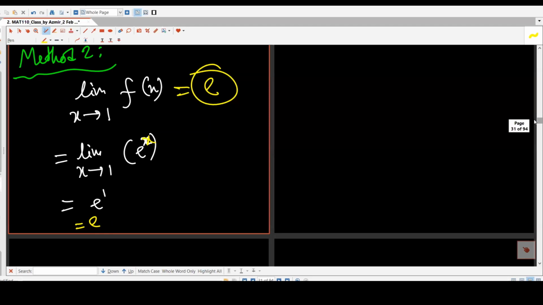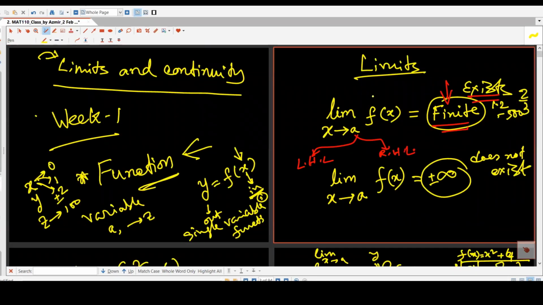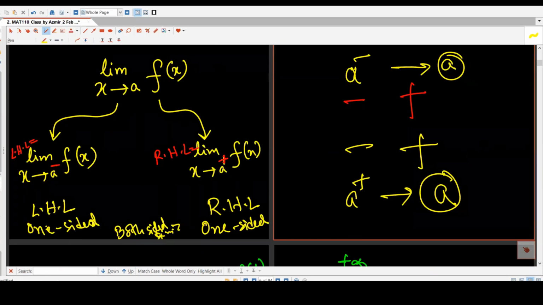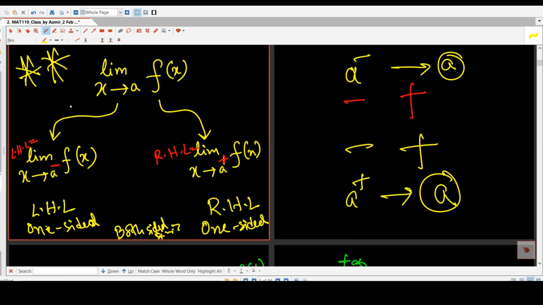So e is finite. That means we have discussed two definitions. At first, we have discussed this one: if any limit is a finite value, then the limit exists. And we have also discussed another definition. If we have some piecewise function, then we can use this concept. We will break down the main limit into the left-hand limit and the right-hand limit, that is, on both sides.